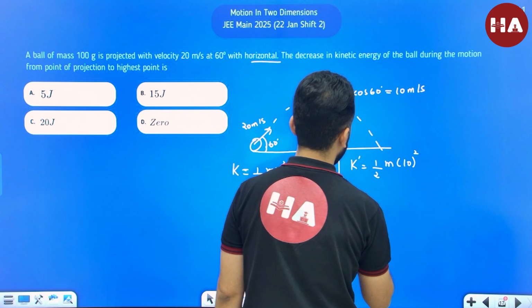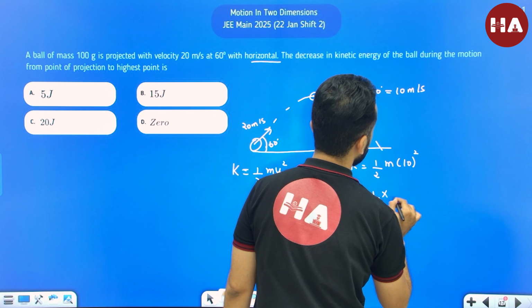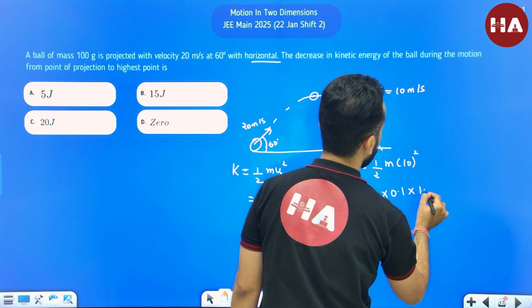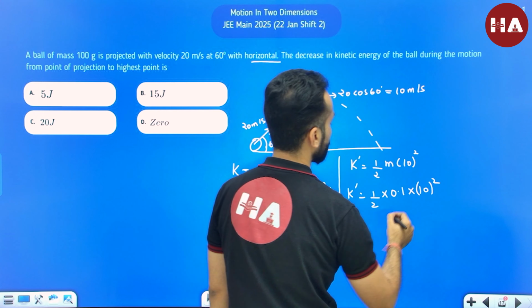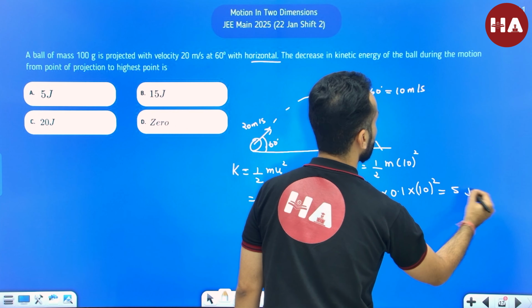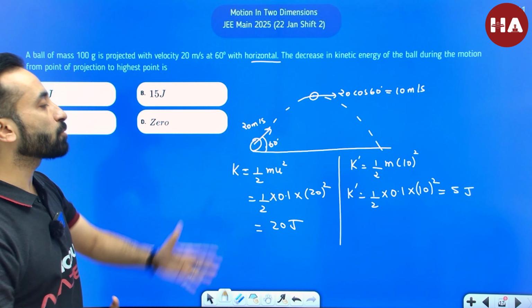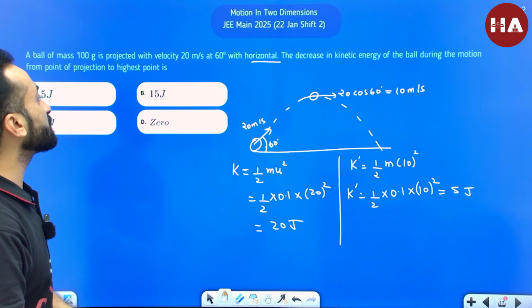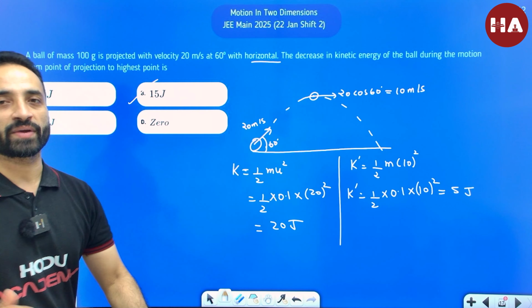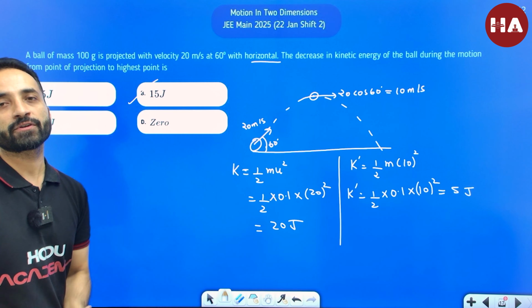So now this kinetic energy is going to be half into 0.1 into 10 whole square. So that's 10 divided by 2, so that is 5 joule. So we started off with a kinetic energy of 20, at highest point it has become 5. So the decrease in kinetic energy is of course 20 minus 5, that is 15 joule, my dear students.